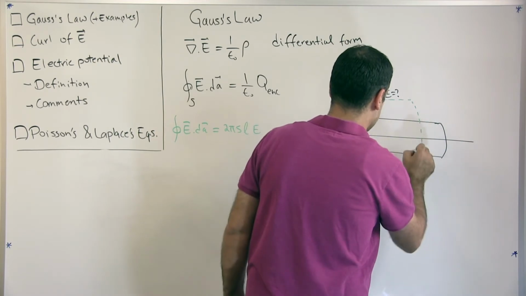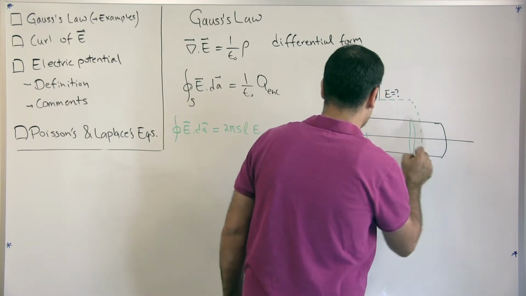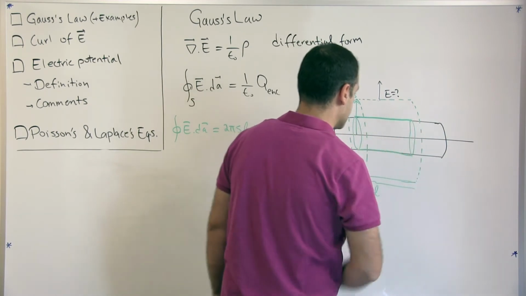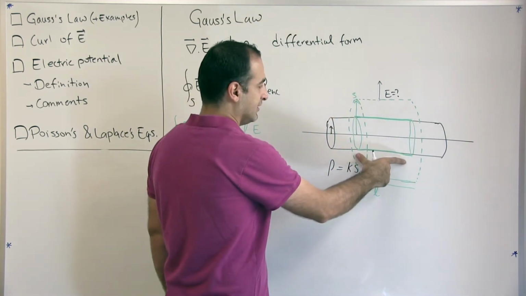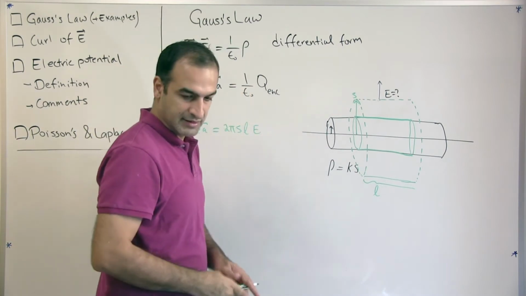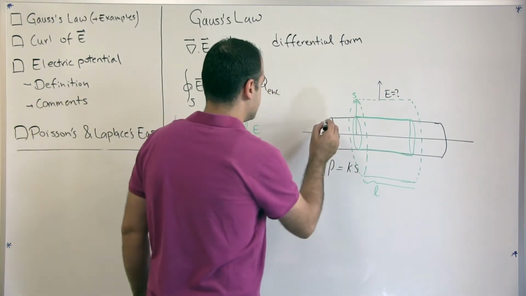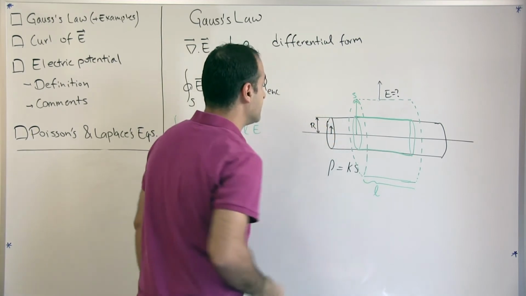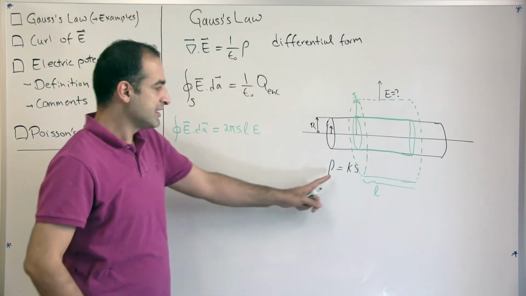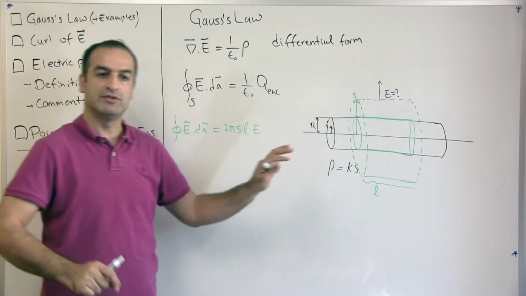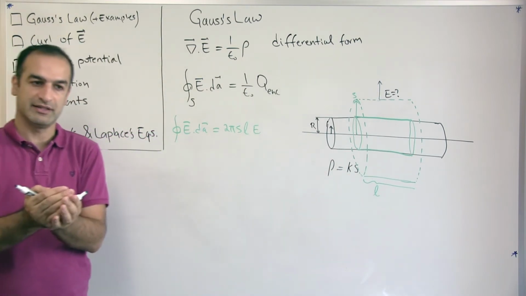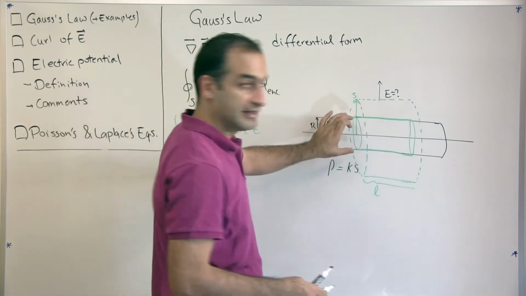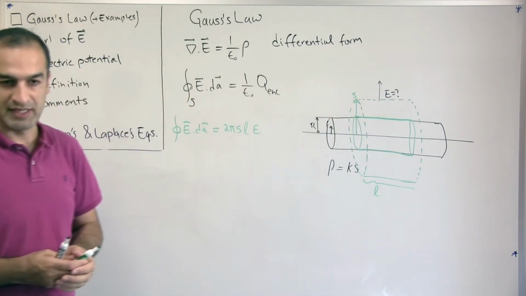The portion that is within this part, with the length of L and radius of the cylinder, let's assume it's R. We have the charge density as K times S. So what we should do is integrate the charge density over this specific volume of the cylinder and see how much electric charge we have.